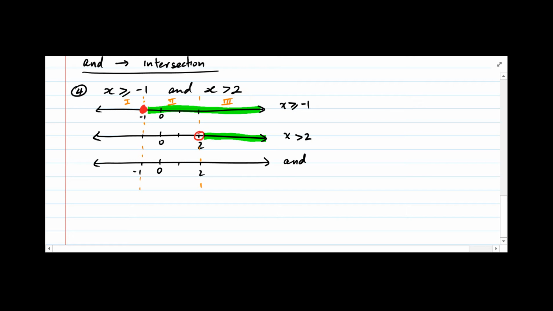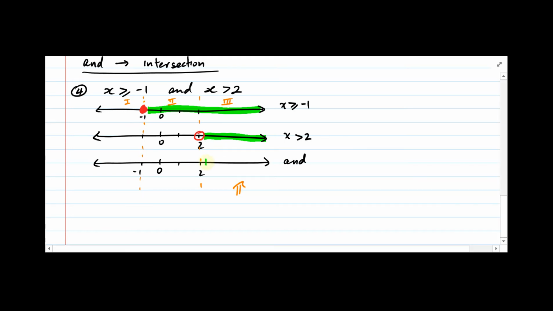And we can ask the question, what does an intersection mean? An intersection means that it must be common to both sets. The only place that we have things being common is in region 3. Region 1 had nothing. Region 2, although it's present in line 1, it's not in line 2, so it would not be in the intersection.